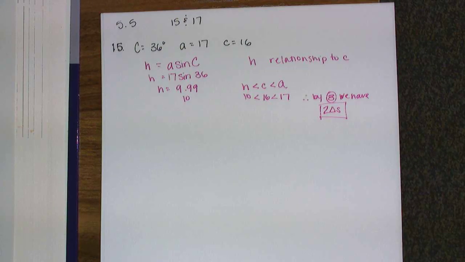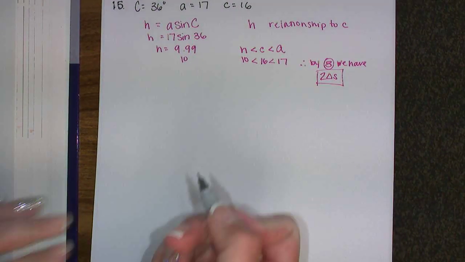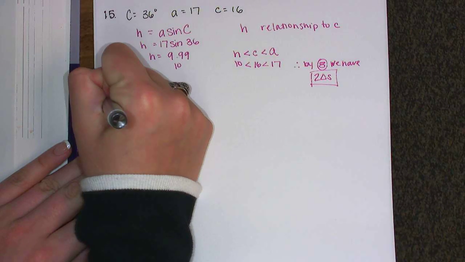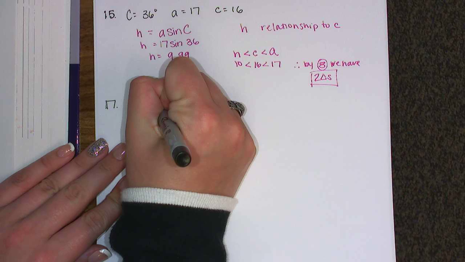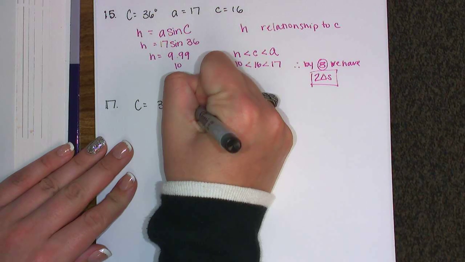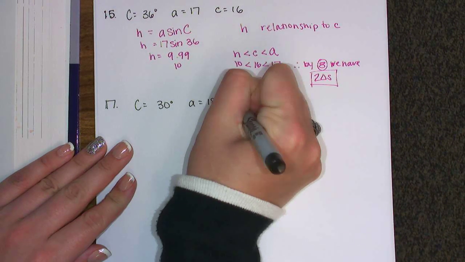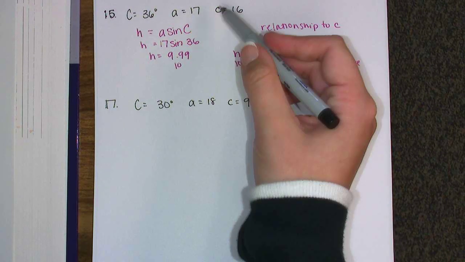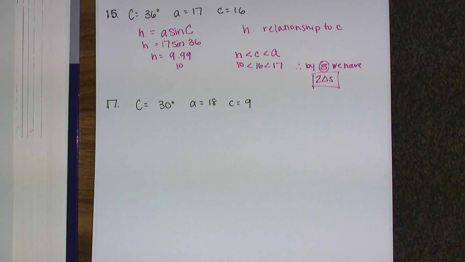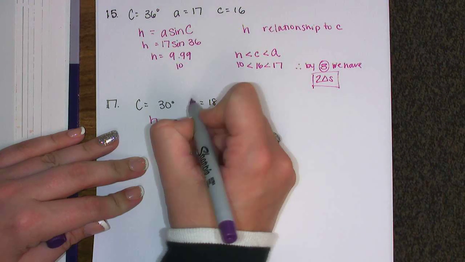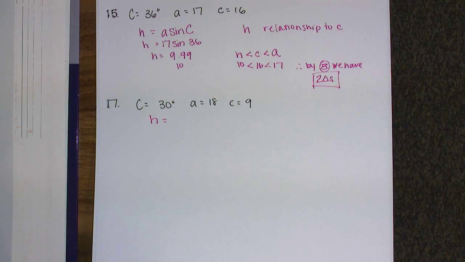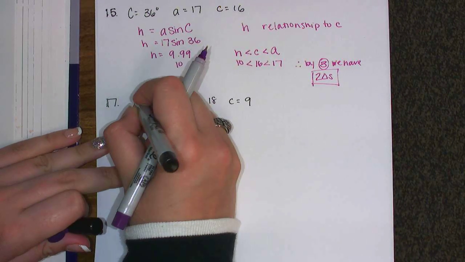Let's see. 17 was the other one that I saw a question about. C is equal to 30 degrees, a is equal to 18 and c is equal to 9. So in this case, they gave us the same letters here, so we're just going to follow that same procedure. So we want to know, again, in this case, h is equal to, let's change these letters up a little bit, so I'm going to modify it.